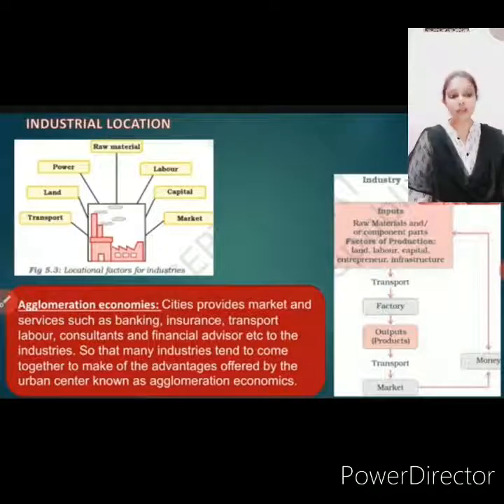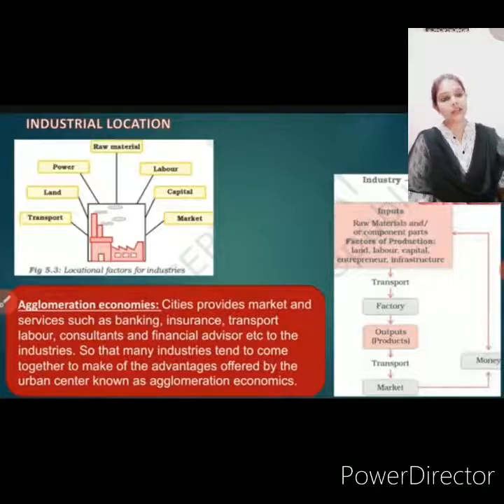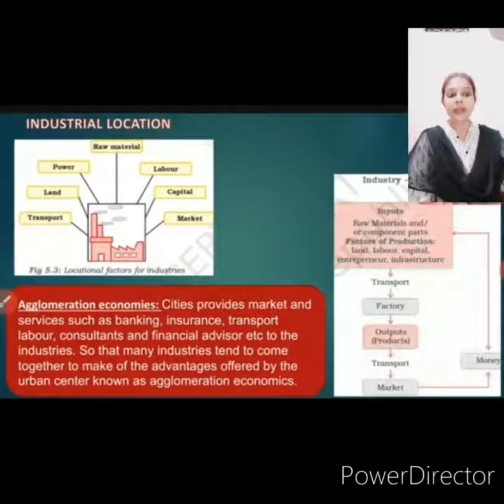Then they need transport. It means they carry the raw material to the factory area, so transport is required to carry from one place to another. Then in the factory, the output, meaning the product, starts being manufactured, and again it requires transport to the market.